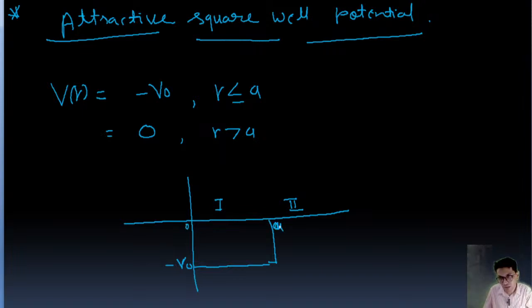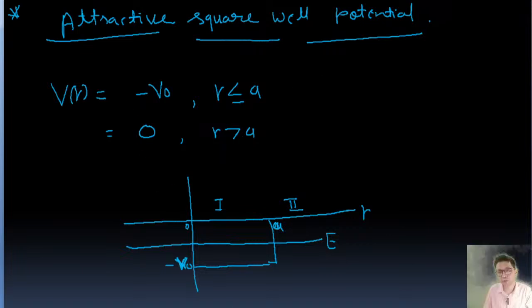In this region the potential is minus V naught, and outside this region it's 0. There is an energy which is greater than V naught. So this is how the attractive square well potential is defined.